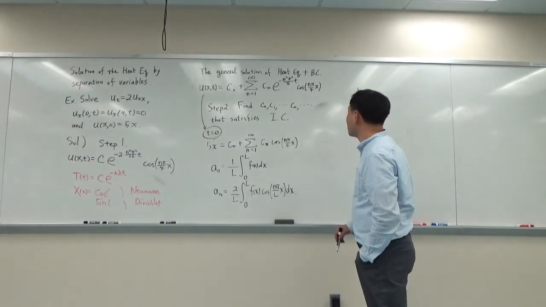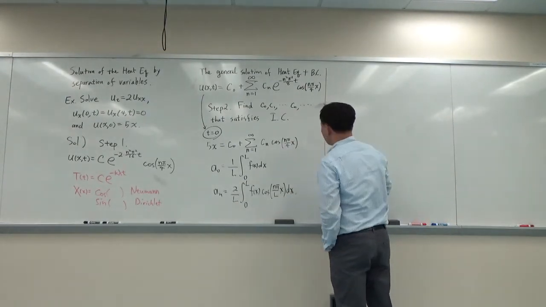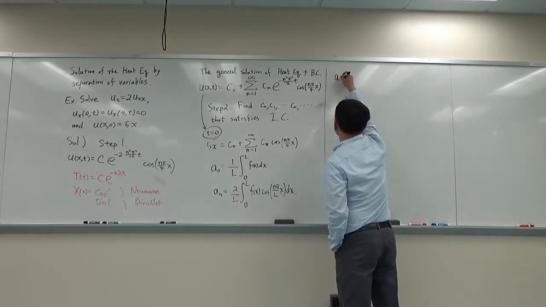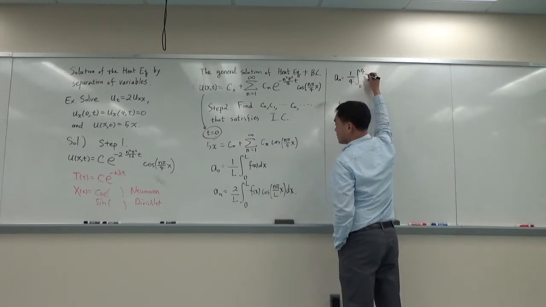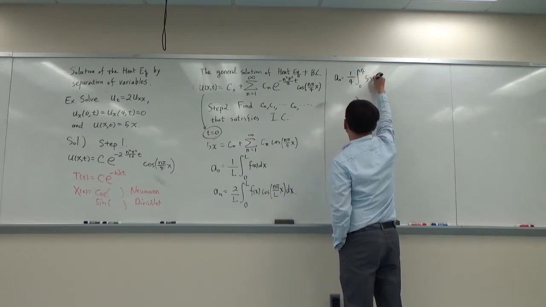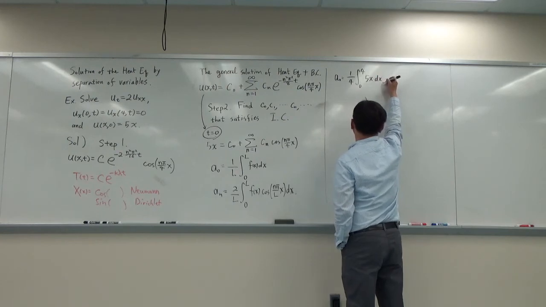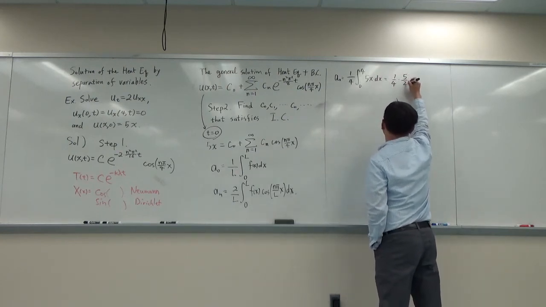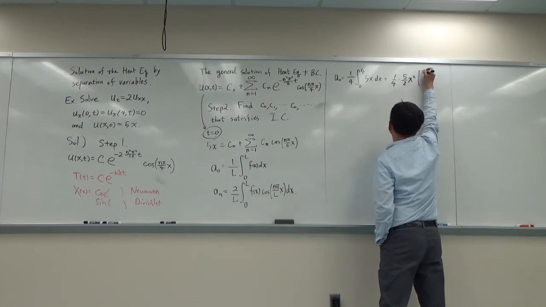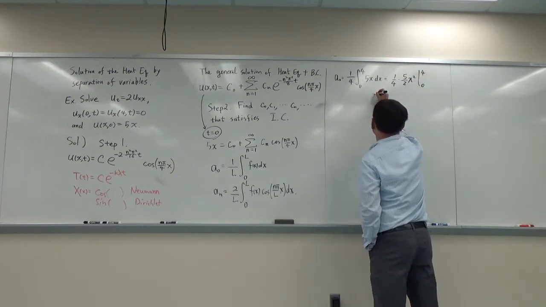So let's actually do the calculation. So we have A0 equals 1 over 4, integral from 0 to 4 of 5x dx, which is 1 over 4 times 5 over 2 x squared, plug in 4 and 0, and it gives you 10.